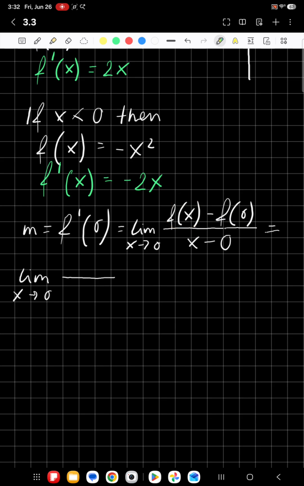The function is absolute value of x times x, times absolute value of x, minus f of 0. If I plug in 0, I get 0. And then the bottom is x minus 0.